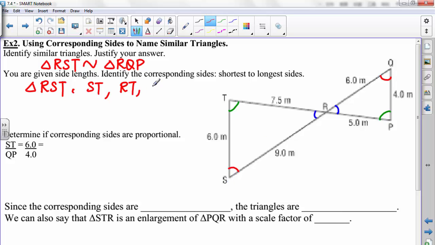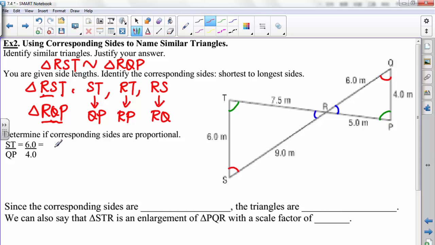The longest one is RS. So I will write down the corresponding sides for the second triangle. It's RQP. ST should correspond to QP. RT should correspond to RP. RS should correspond to RQ.